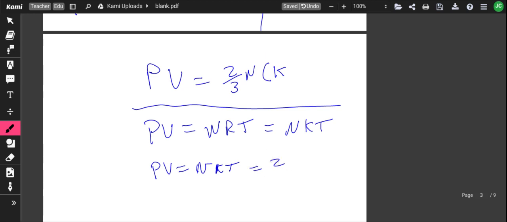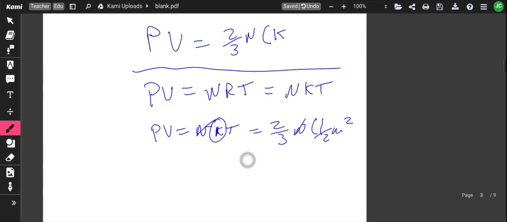which is equal to 2/3 N times the kinetic energy, 1/2 mv squared. The N's cancel out. We have a constant in here. Just remember, a constant just makes the equation work. It balances the equation.